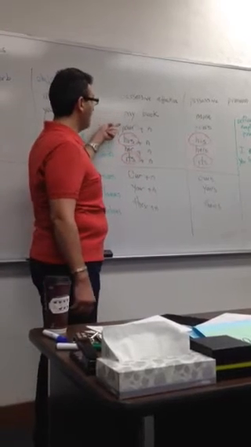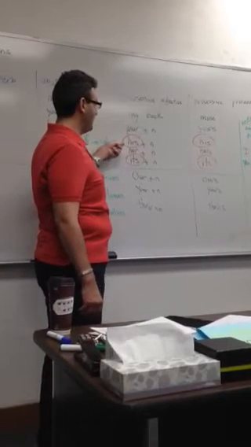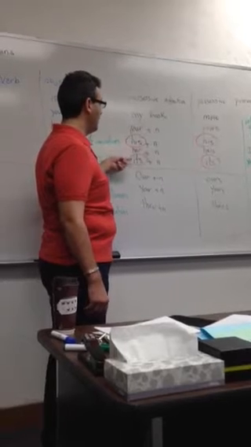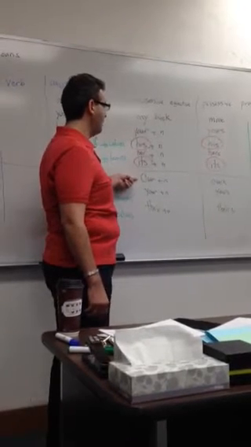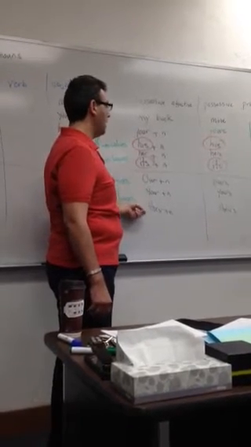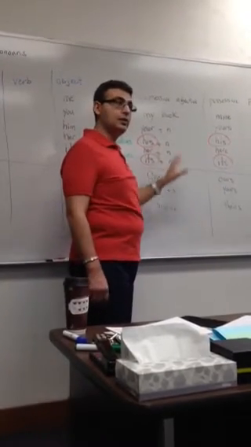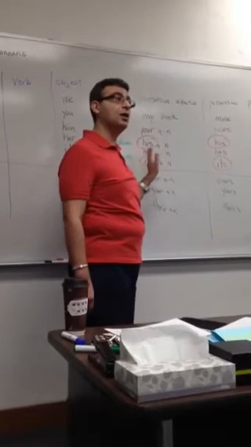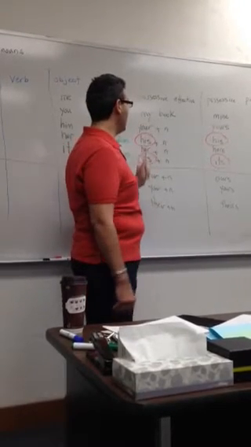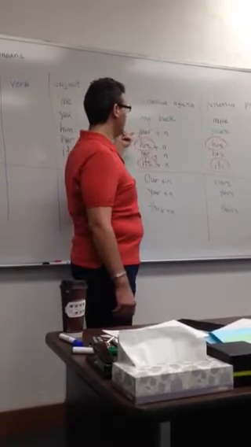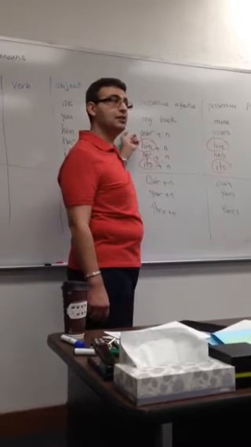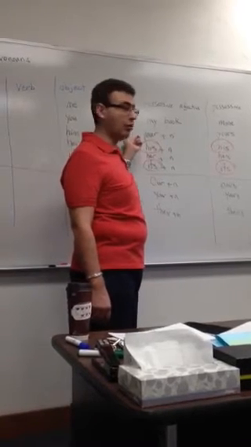My, your, his, her, its, our, your, their. I put an N next to all of them so that you understand that they cannot come alone. So you can't say, for example, this is your. You have to say this is your book. This is your car.